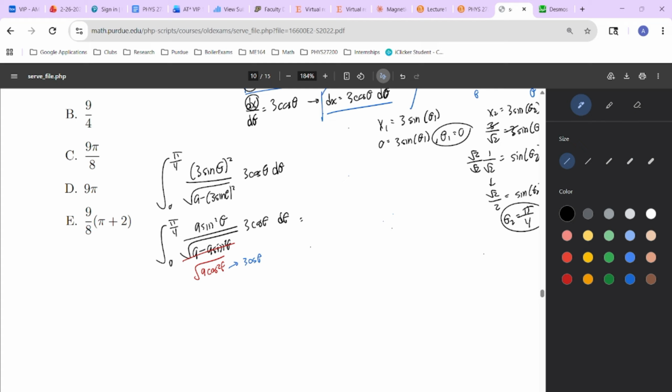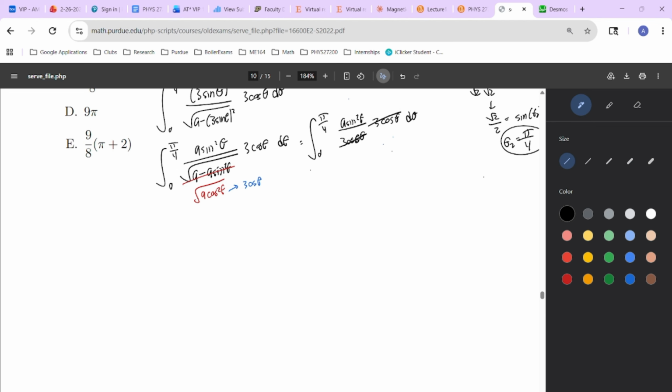If we write that out, that becomes 0 to pi over 4 of 9 sine squared theta over 3 cosine theta, multiplied by 3 cosine theta d theta. Cancel these out, and we're left with our final integral form. This would become 0 to pi over 4 of 9 sine squared theta d theta.